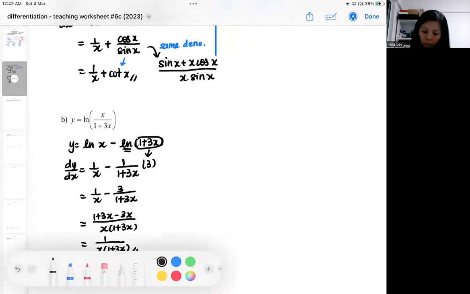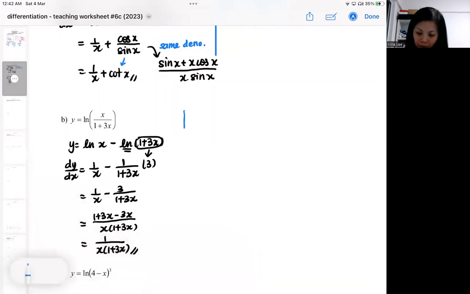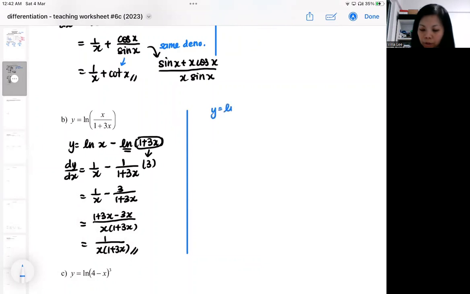So what will happen if, let's say, you forgot the logarithm rule? So if you forgot the logarithm rule, you do it by your usual method, you get rid of the ln first.